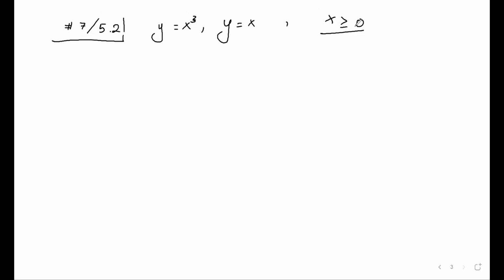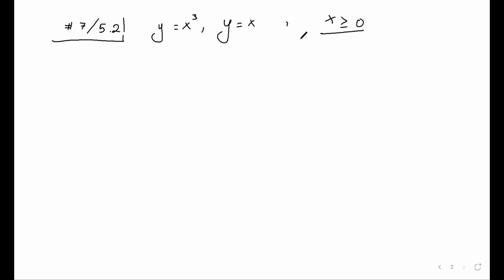All right, so this is number 7. Okay, so y, there we go, that's slightly better. This is a type of problem where you're going to have to be a little more careful. It does not come with the bounds, so we have to figure out the bounds ourselves.